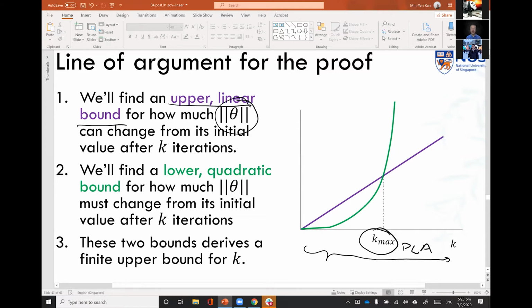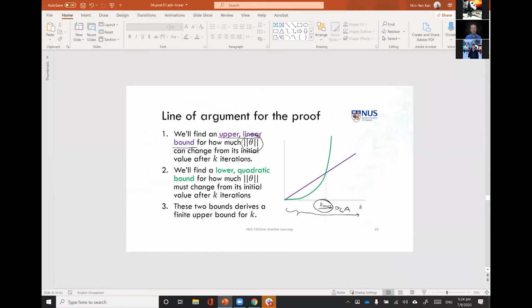When they intersect, we know that is actually a maximum. It's not a very tight max. In fact, you can probably do better than this through other proofs, but that's not the point. The point is just to say that because we can find this K max, that means that it must converge, if it's linearly separable. That's all we're saying. So that's the idea of the perceptron learning algorithm convergence proof.